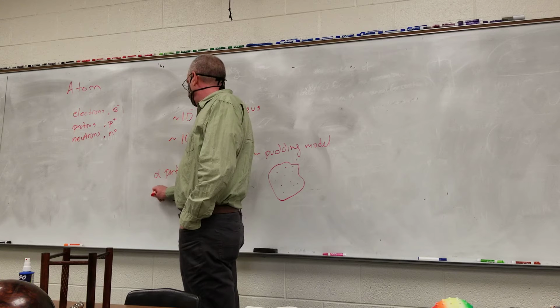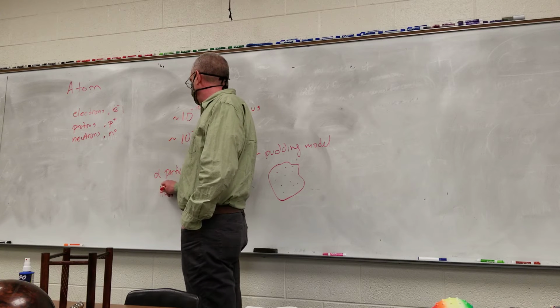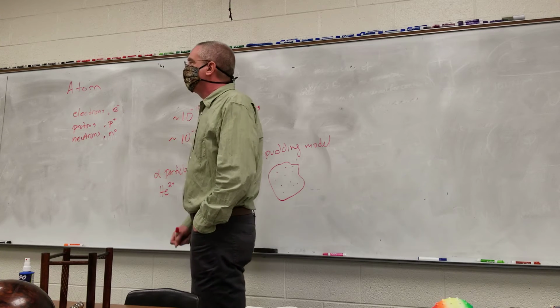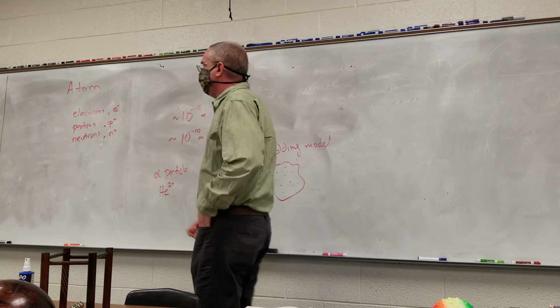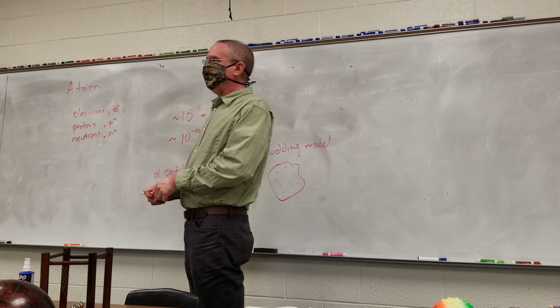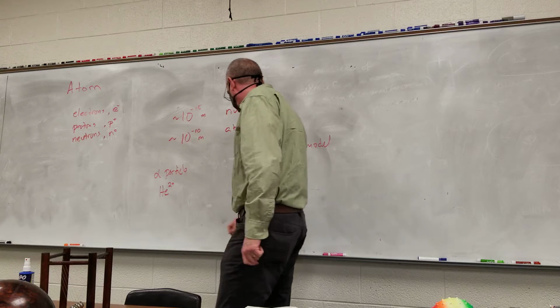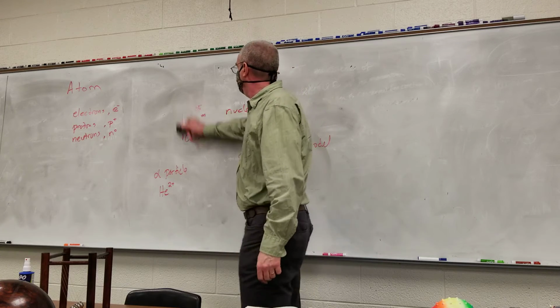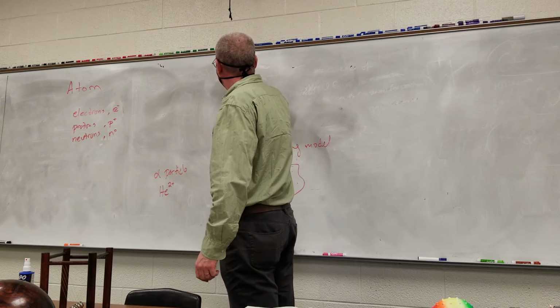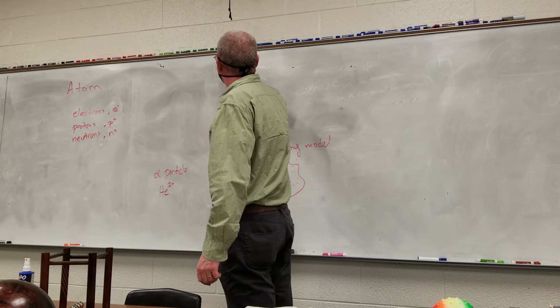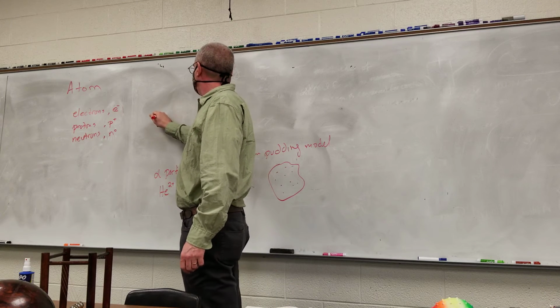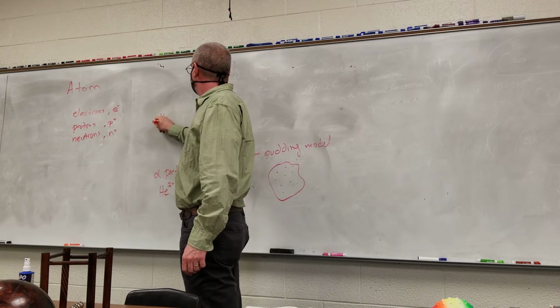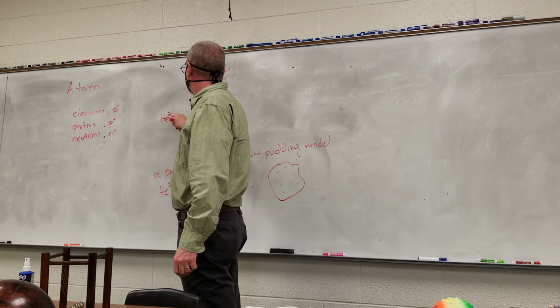We now know that the alpha particle is just the helium nucleus. And he shot it at gold foil. So he had this foil right here, and he shot this helium nucleus at it.